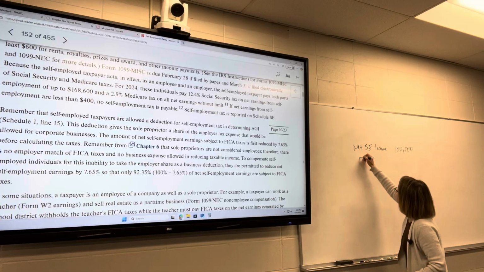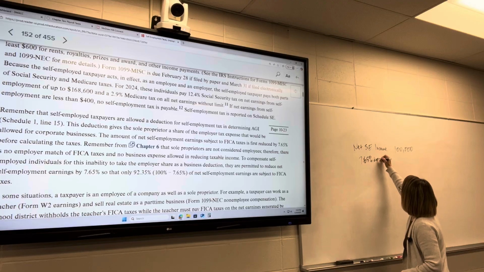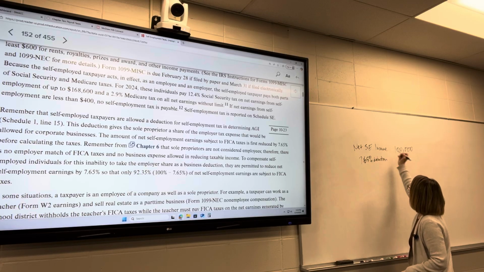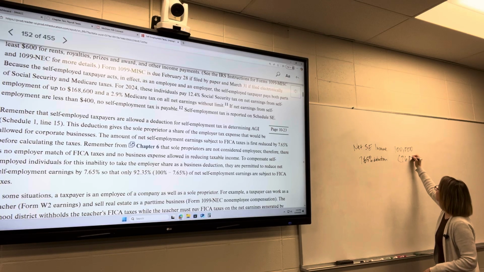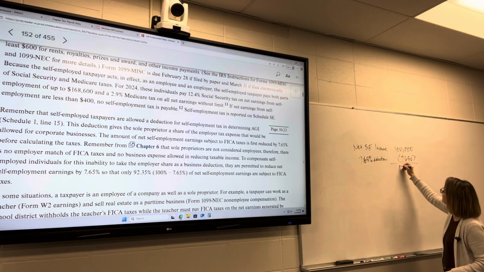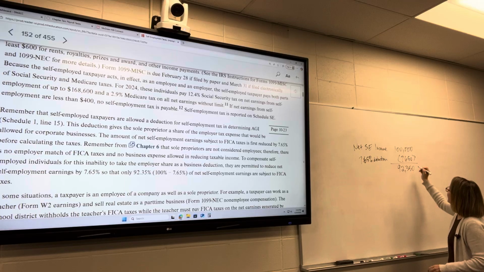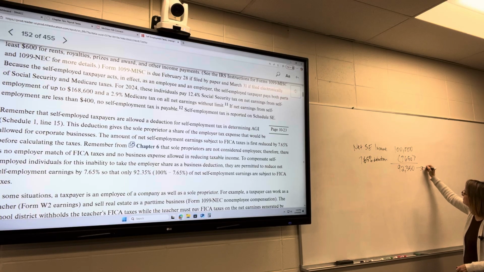We get to deduct 7.65% of that, so 7,650. And the rest, what is it? 92,350. This is what's going to be subject to self-employment tax.